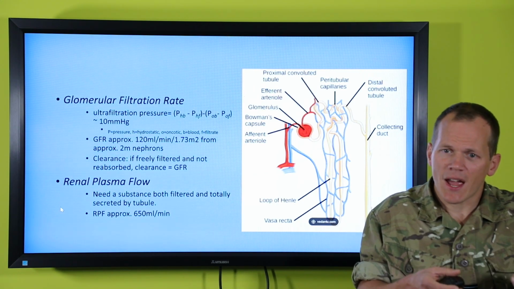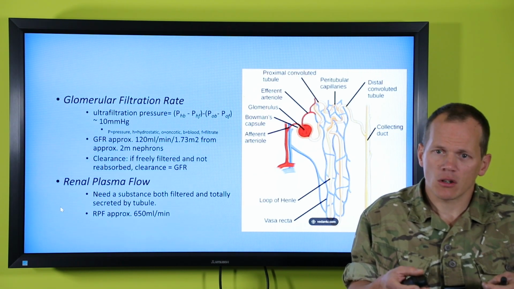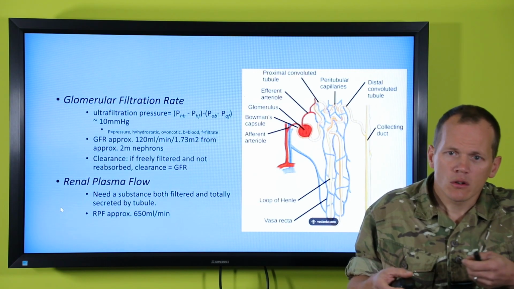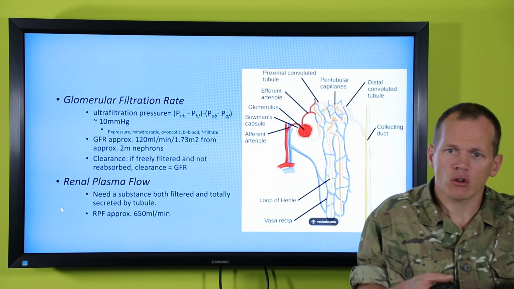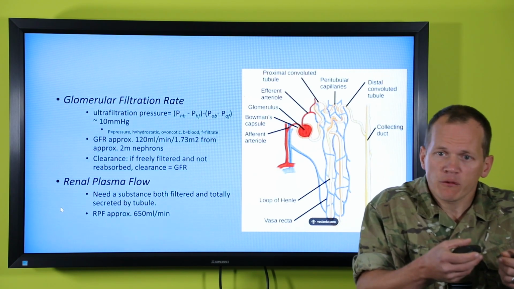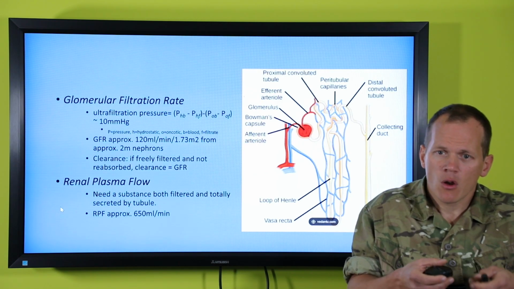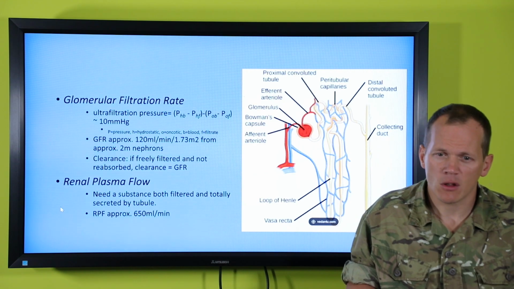That's offset against the pulling pressure, the oncotic pressure, which wants to hold fluid in the capillary, offset against the oncotic pressure in the filtrate, or in Bowman's capsule, which wants to hold fluid in Bowman's capsule. So it's the hydrostatic pressures minus the oncotic pressures which gives you that filtration pressure.